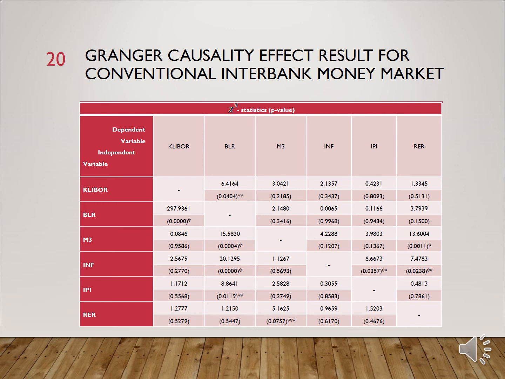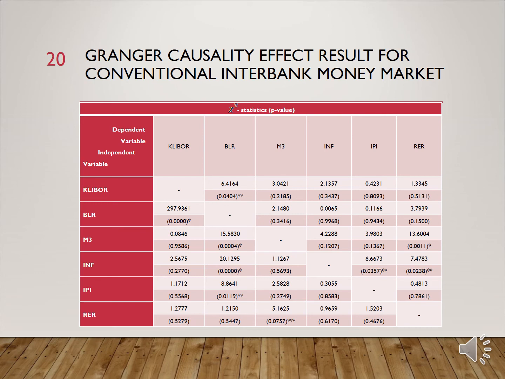Okay, for the conventional interbank Granger causality effect, according to the result, the conventional interbank rate, that is the KLIBOR, and interest rate has a bidirectional causal relationship. This means that the conventional interbank rate Granger causes interest rate, and at the same time, interest rate Granger causes the conventional interbank rate.